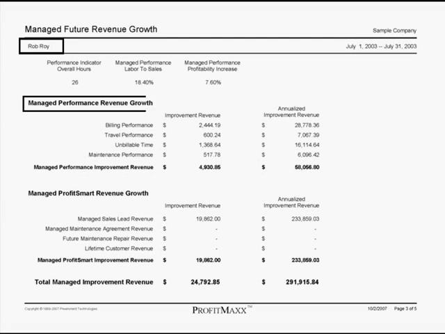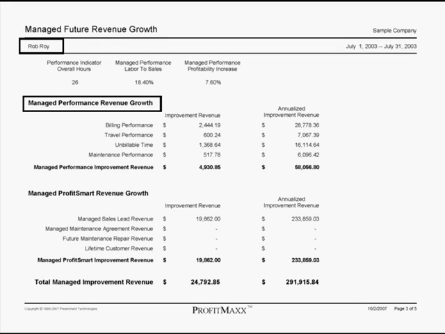In the managed performance revenue section, for billing performance, his overall improvements were $2,444 for the month, $28,778 for the year. In travel performance, if we managed him better, we'd see improvements of $600. That totals up to $7,067 for the year. In unbillable time, the improvement would be $1,368.